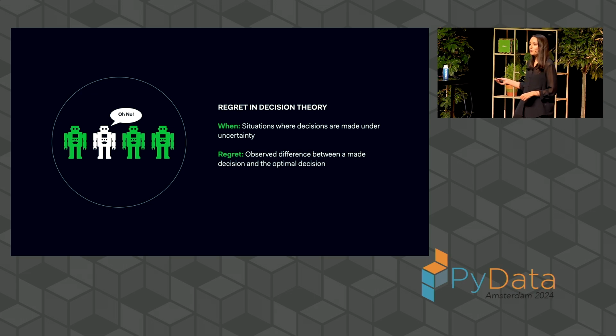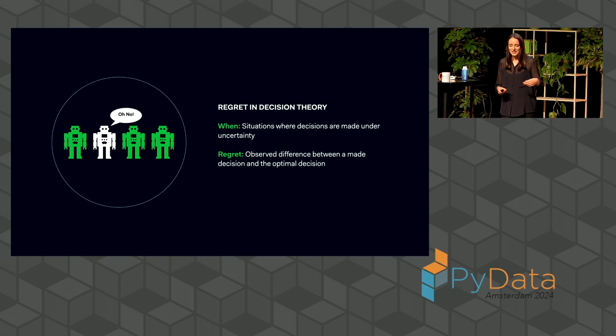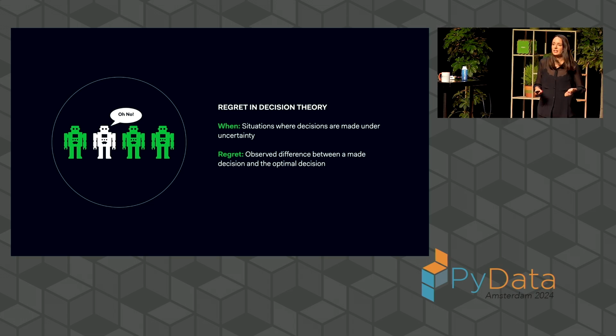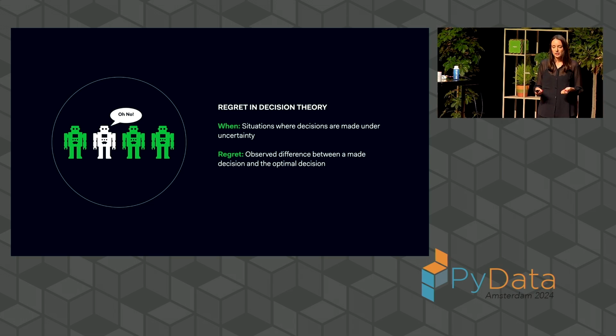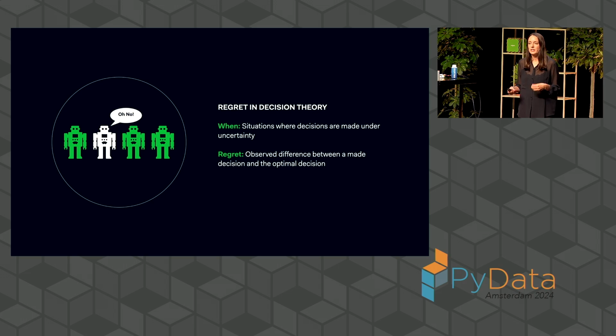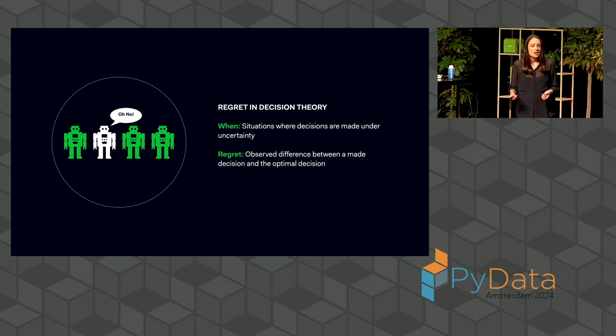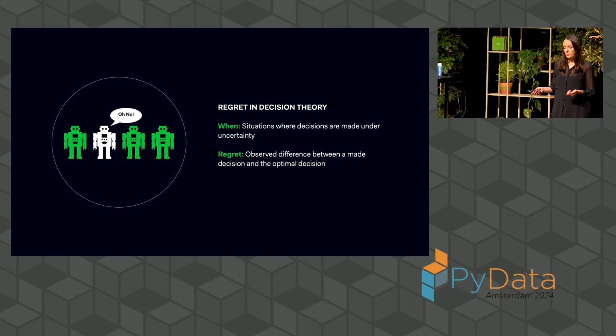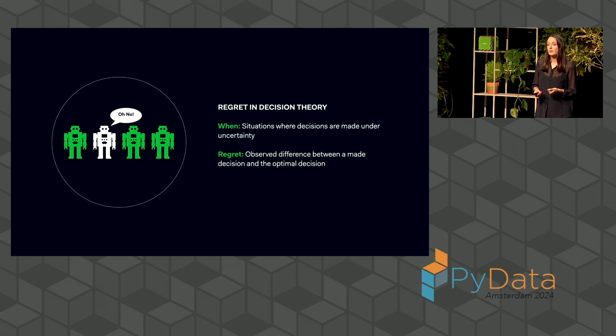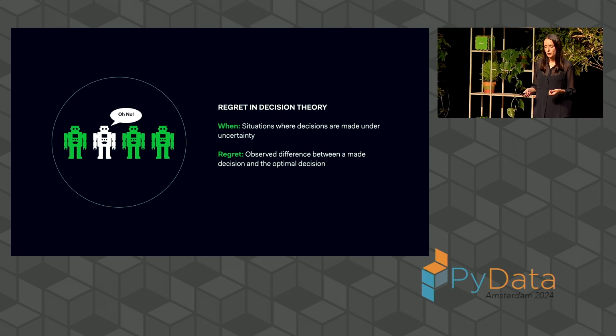So now I used the word regret. You also read it in the title, so I think it's good to start with a short definition of what regret is, how it is defined in decision theory. So we usually talk about regret in situations that involve making decisions under uncertainty.